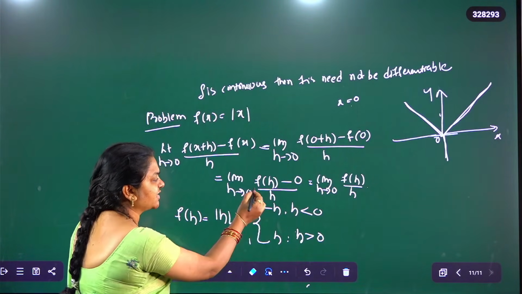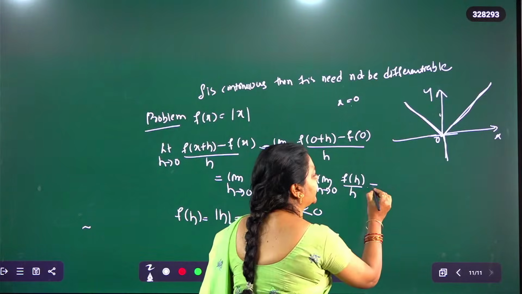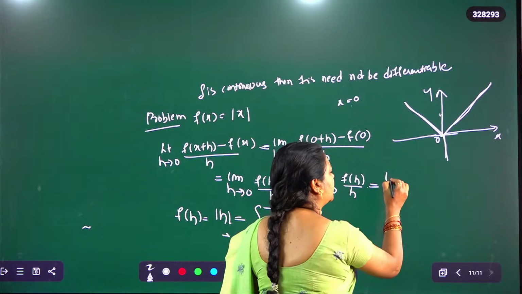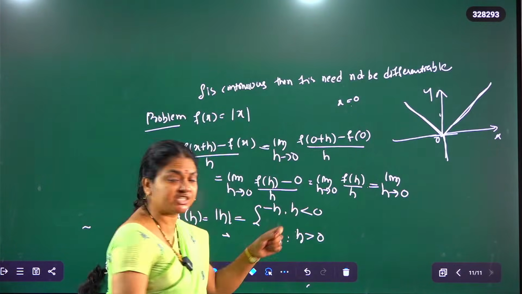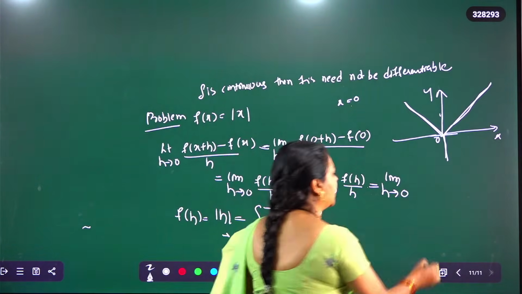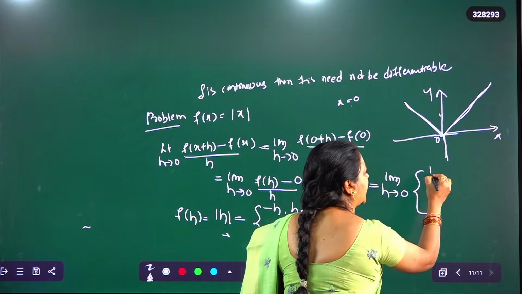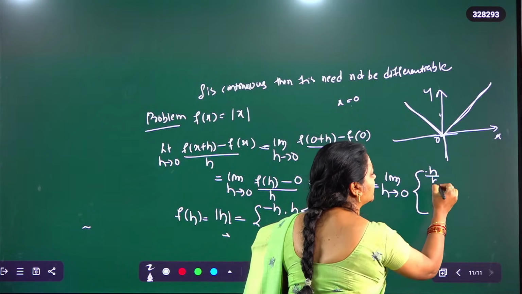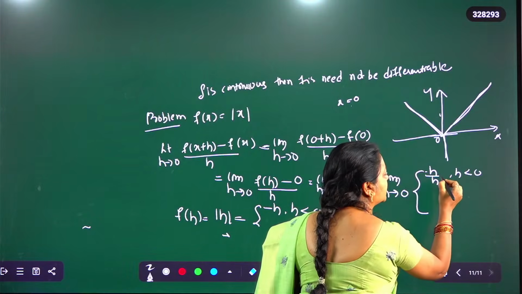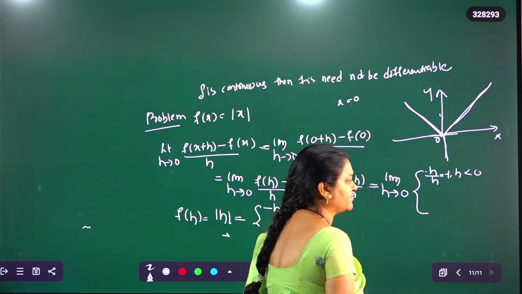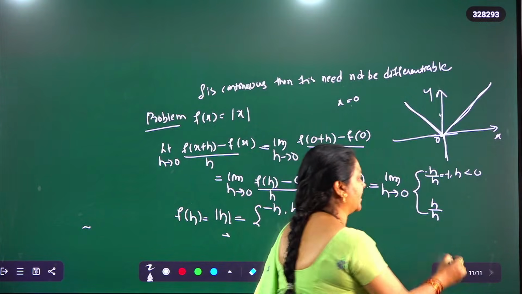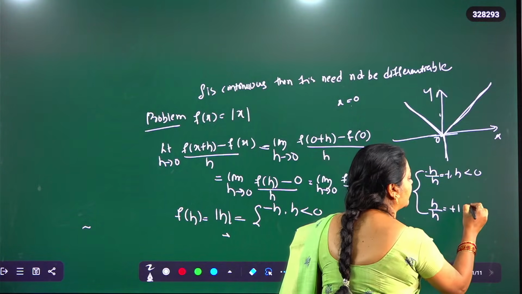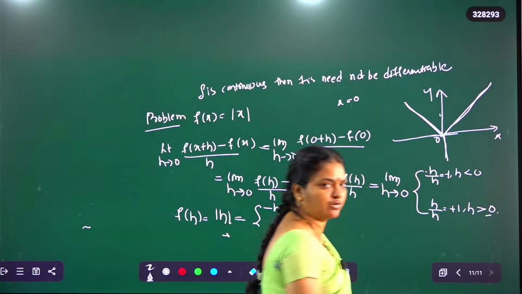So by using this, here we will get two values. Limit h tends to 0, right? F of h means here we can get two values. Either minus h when h is less than 0, so automatically it is becoming minus 1. It is plus h, so it is giving us plus 1, when h is greater than 0.